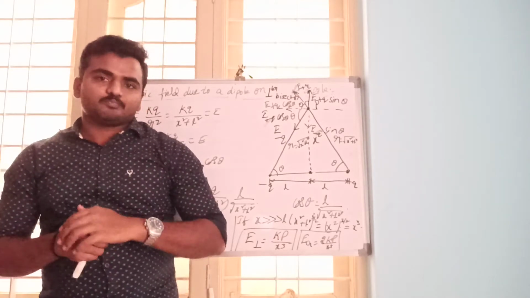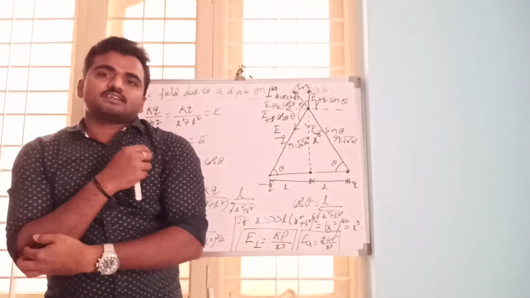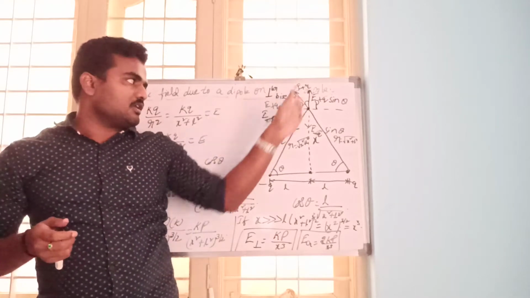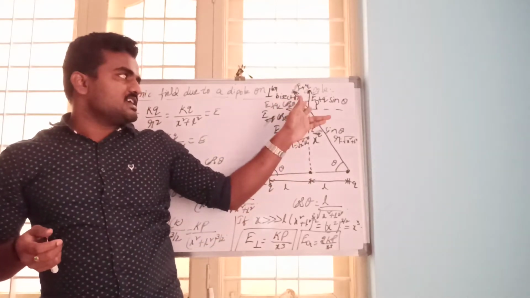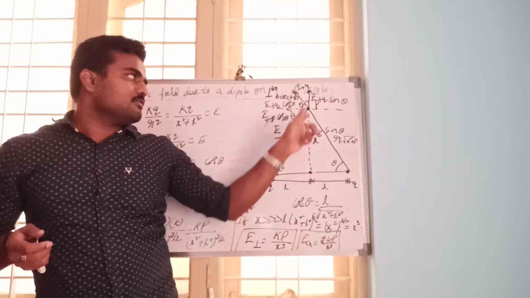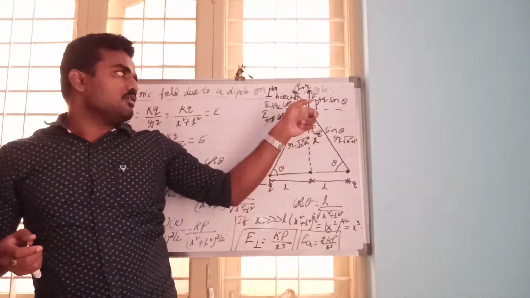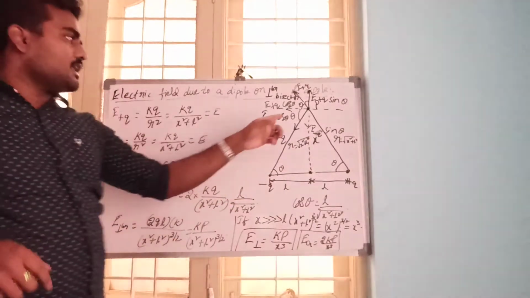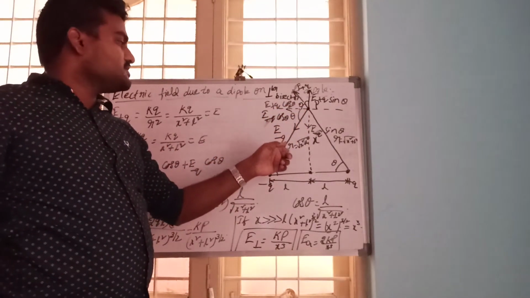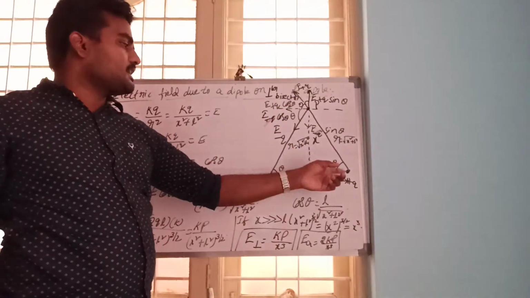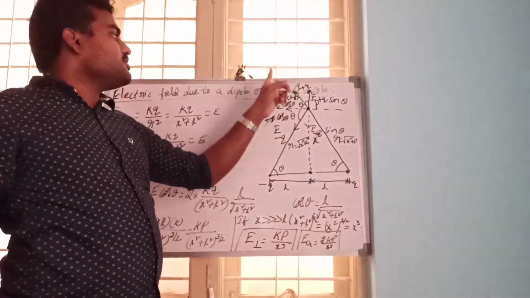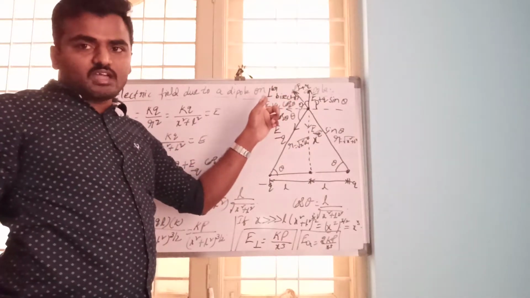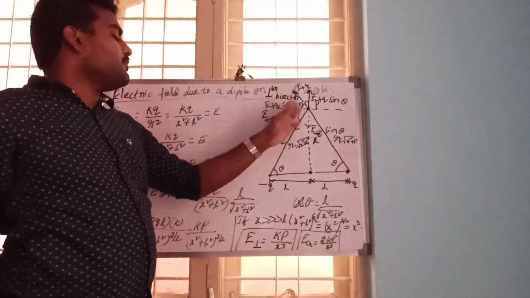For that, the perpendicular bisector I have drawn, and the point is at a distance of x from the center of the dipole on its perpendicular bisector, and because of minus q the electric field will be towards the negative charge. Because of plus q the electric field will be away from the point P.